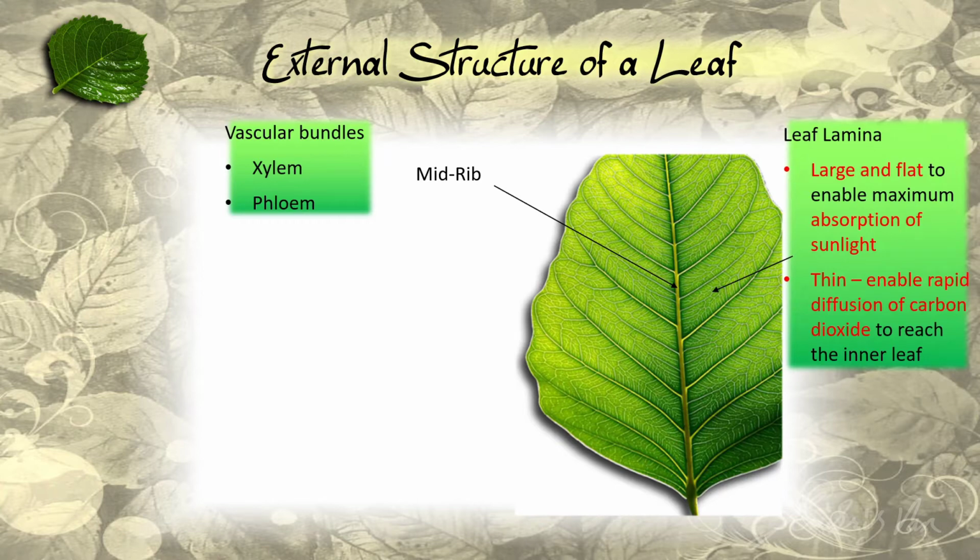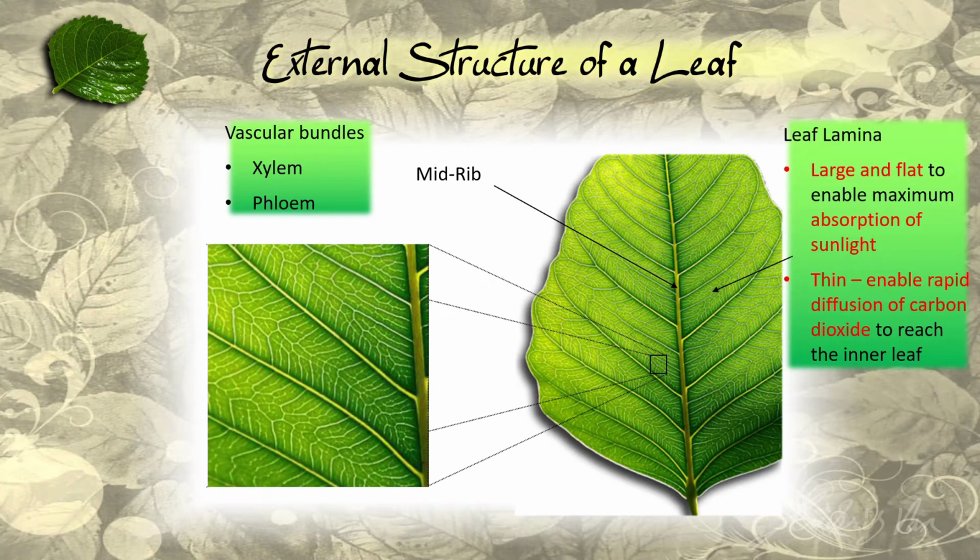Most of the leaves you see around are really flat because this will enable them to absorb the maximum amount of light because of surface area. It is flat, which causes it to be thin, and this will enable rapid diffusion of carbon dioxide to reach the part of the leaf responsible for photosynthesis. If it's very thick, it will take a long time for carbon dioxide to diffuse to the cell that contains the chloroplast.